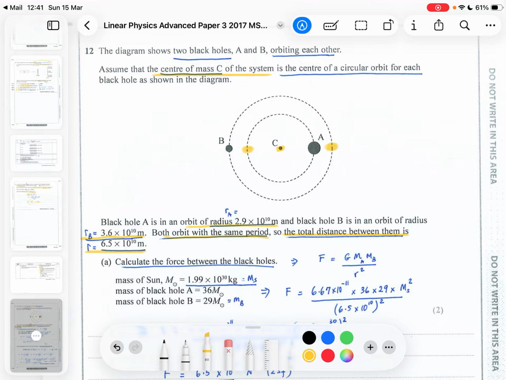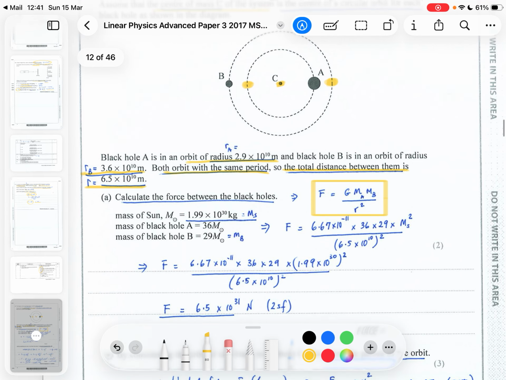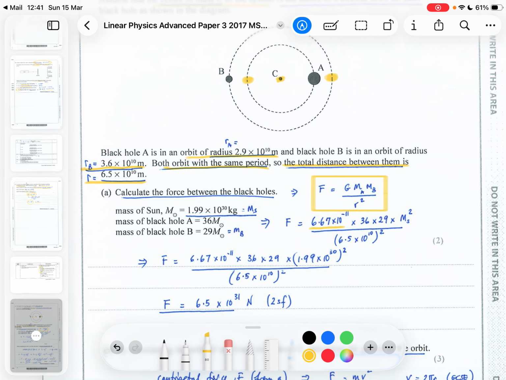So you want to calculate the force between them, you use Newton's law of gravitation. Okay, so we know the two mass values, we know G is a constant, it's on your data sheet. So one is 36 times the solar mass and one is 29 times. So I just multiplied those two numbers and that squared the mass of the sun, which is also given to us here, and divided by the separation which stays constant between them.